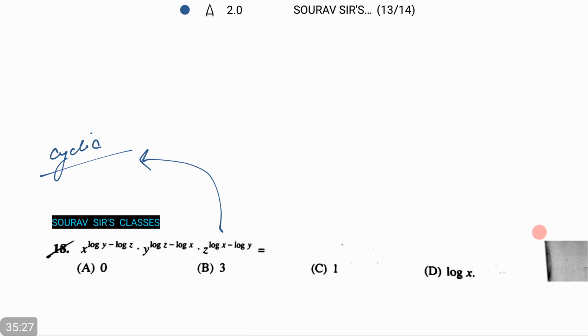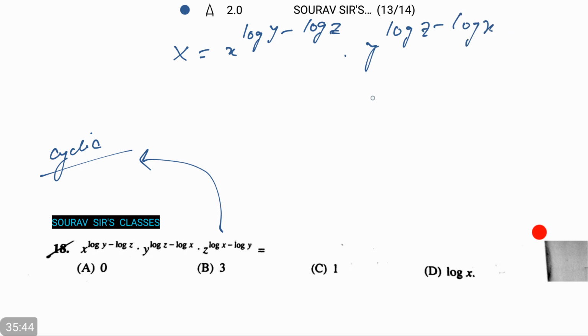So to evaluate this, let this be x equals x to the power log y minus log z into y to the power log z minus log x into z to the power log x minus log y. Fine enough.